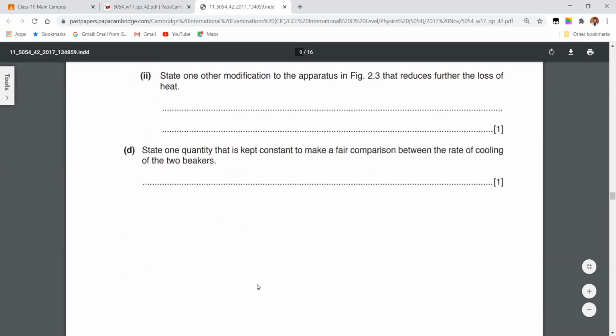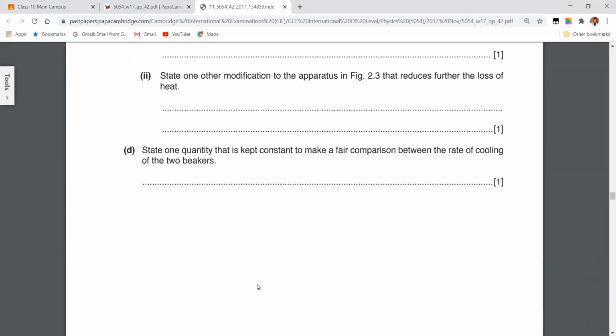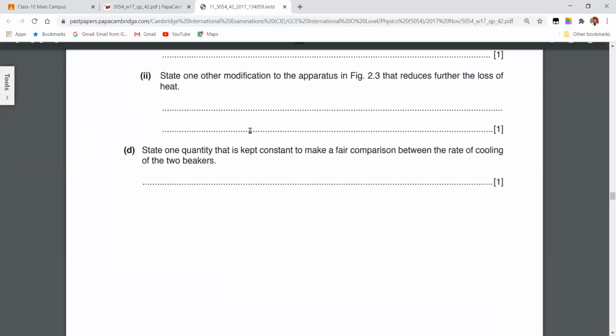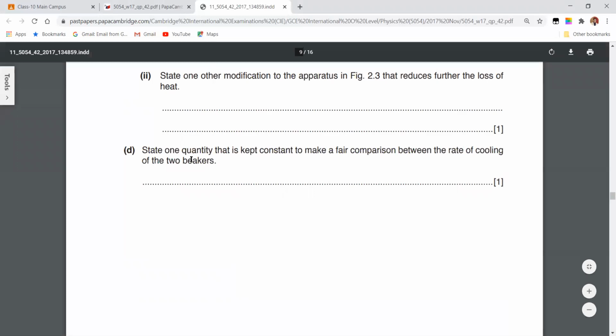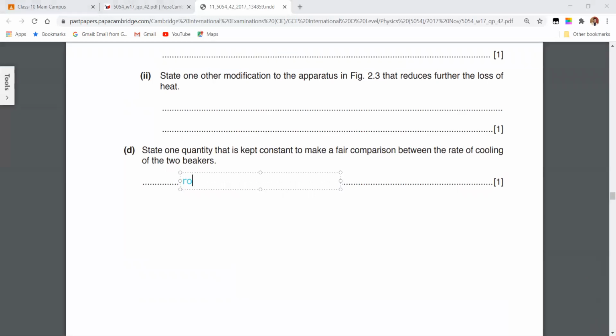Same amount, or volume of water, or same room temperature. Another one we should keep constant is room temperature. That's what I said, same room temperature, and Ziva said amount of liquid. Okay. Amount of liquid or volume of liquid. Then another thing we can do.